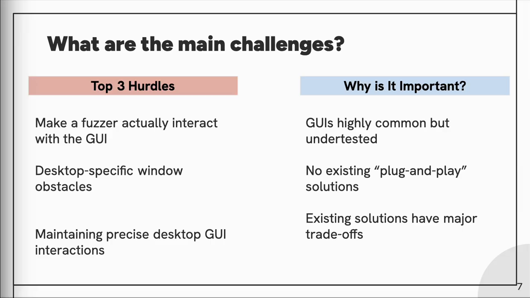The trade-off of existing solutions that try to shoehorn the command line in, when these programs weren't built for running solely on the command line, is that it eliminates a major bug surface for testing GUIs, which is the front end that the user sees. So this paper attempts to create a true, quote-unquote, plug-and-play GUI fuzzer that can be used with existing gray box fuzzers like AFL++.